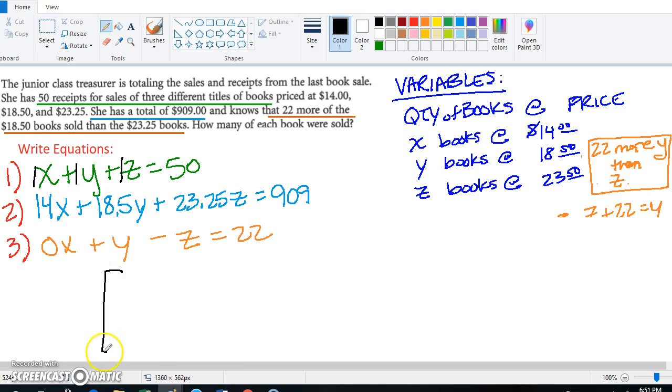And we could turn it into the matrix system 1, 1, 1, 14, 18.50, 23.25, 0, 1, negative 1.